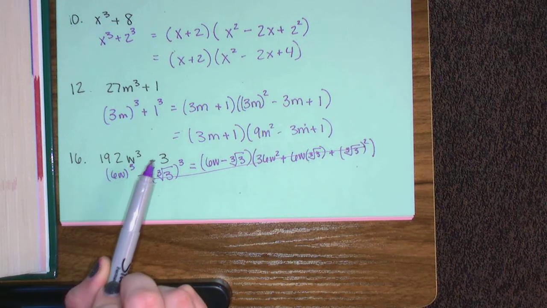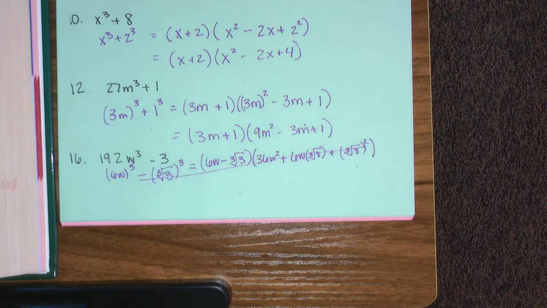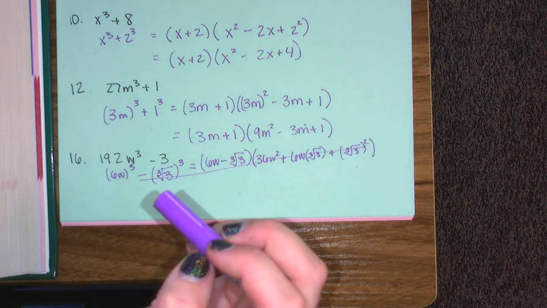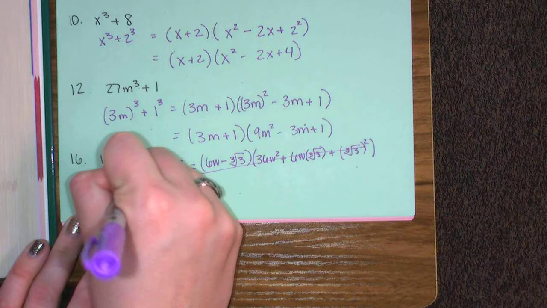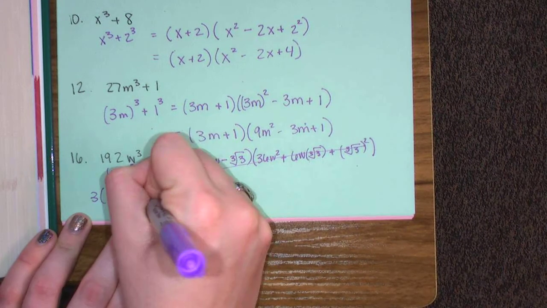What could I have done here first? I think it's worth a try. Take out a 3 and see what happens. So I'm taking out a 3, so I have 64w cubed minus 1.